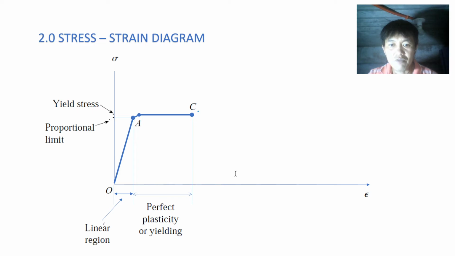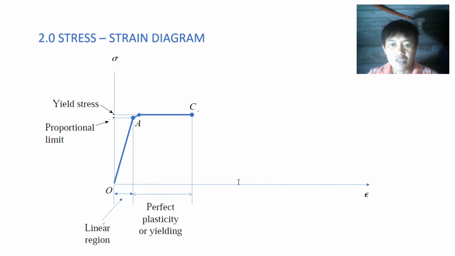In the region from B to C, the material becomes perfectly plastic. The elongation of a mild steel specimen in the perfectly plastic region is typically 10 to 15 times the elongation that occurs in the linear region.